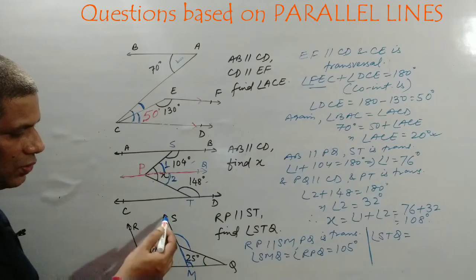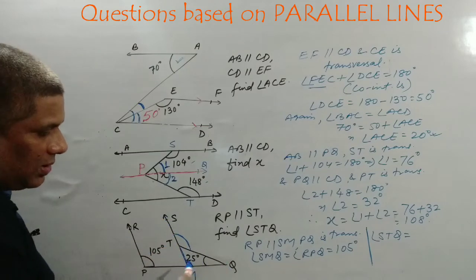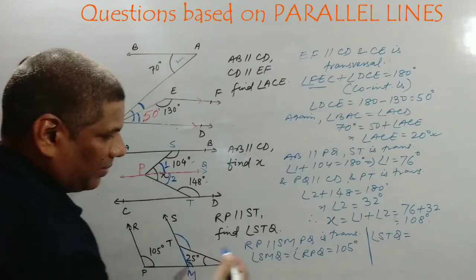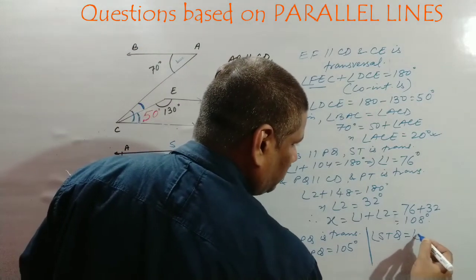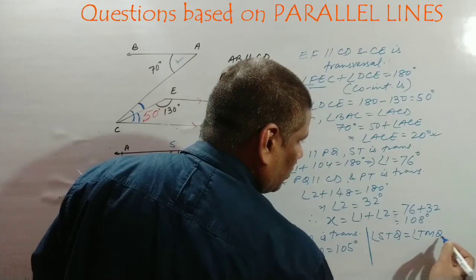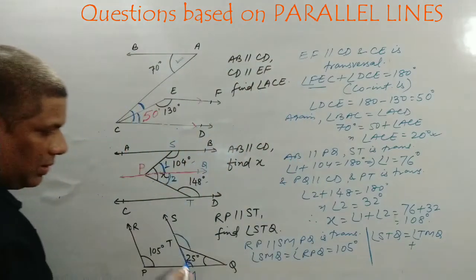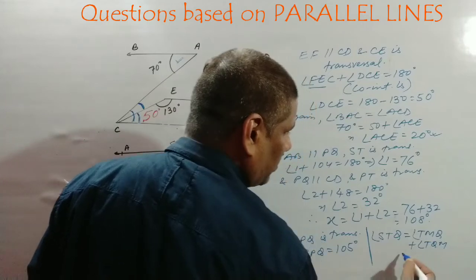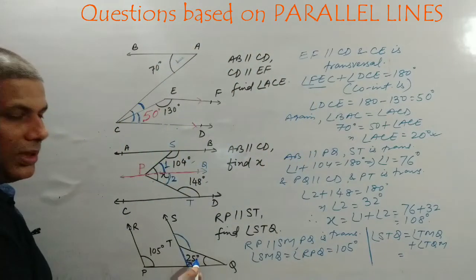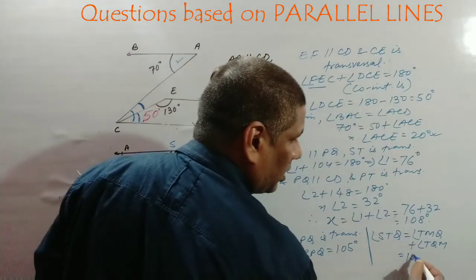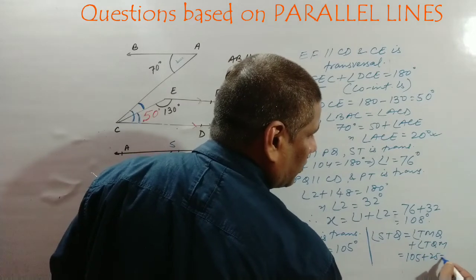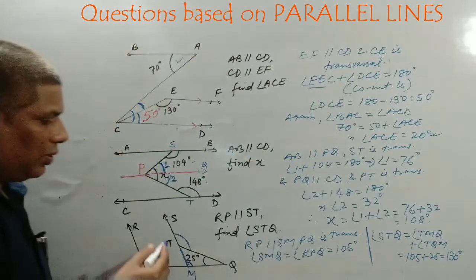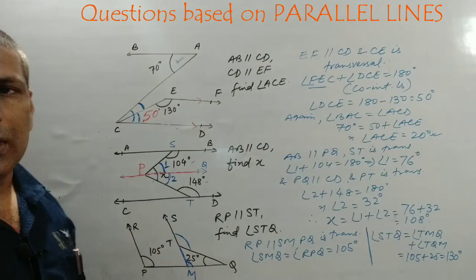So angle STQ is equal to angle TMQ plus angle TQM. So this makes 105 plus 25 equals 130 degrees. So STQ will be 130 degrees.